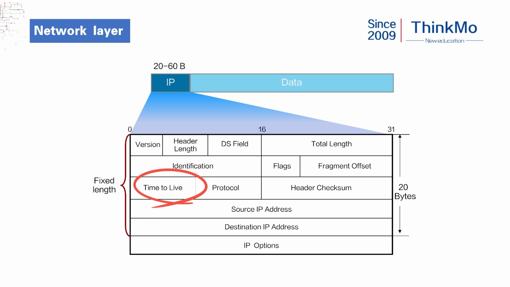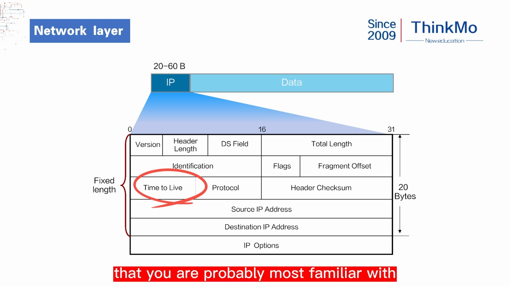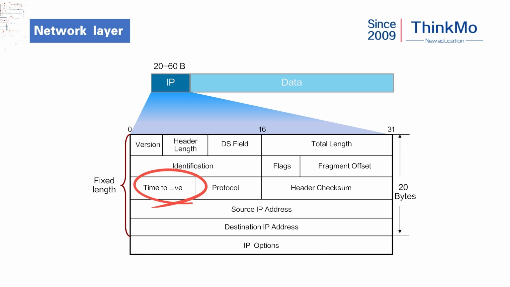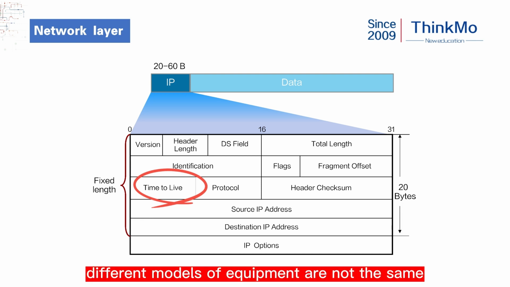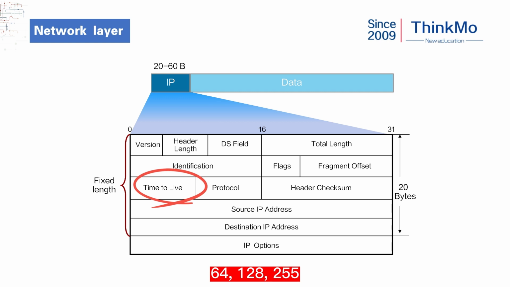The TTL value you are probably most familiar with is 255. In fact, it differs for different manufacturers, series and models of equipment: 64, 128, 255.